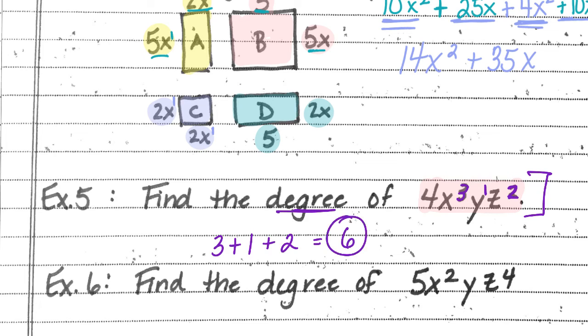And I know the degree of this monomial is 6. Looking at our next one, I have an x squared y. Again, that is going to be y to the first, and z to the fourth. So I have to take 2 plus 1 plus 4. The degree of this one is 7.